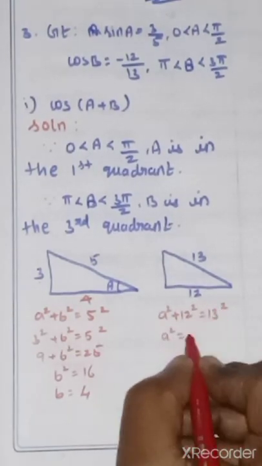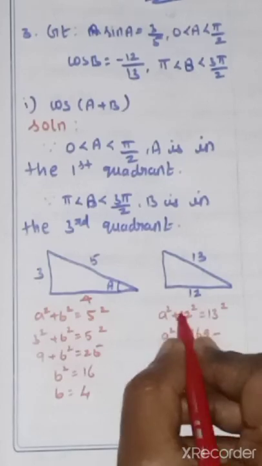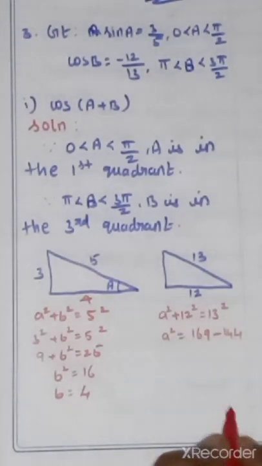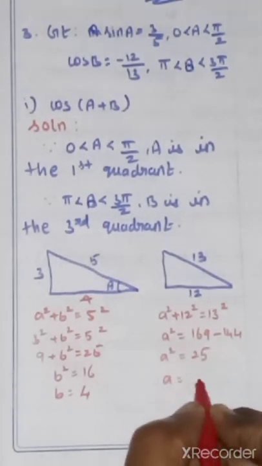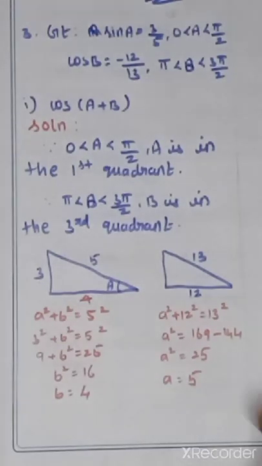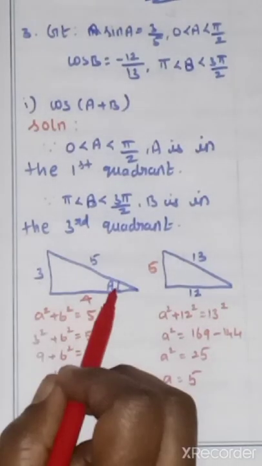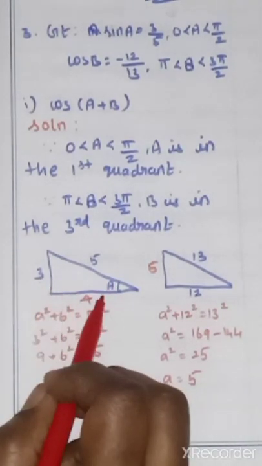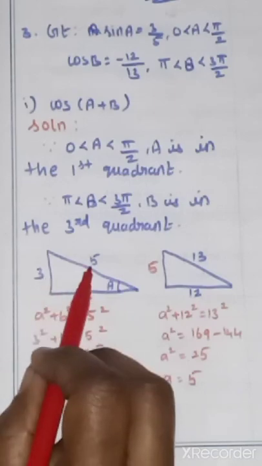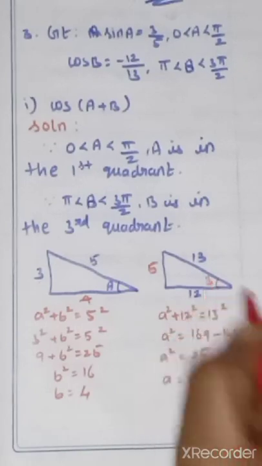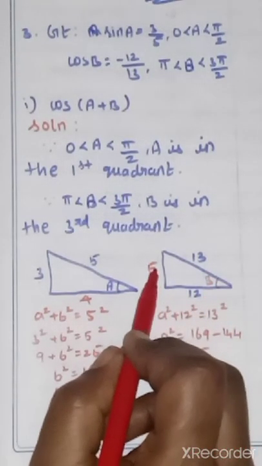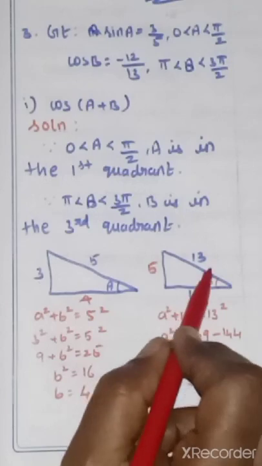So a square equals 169 minus 144, that is 25, so a equals 5. So this side value is 5. Now we know the sin A, cos A, tan A values. Similarly, using this B angle, we can find out sin B, cos B and tan B.